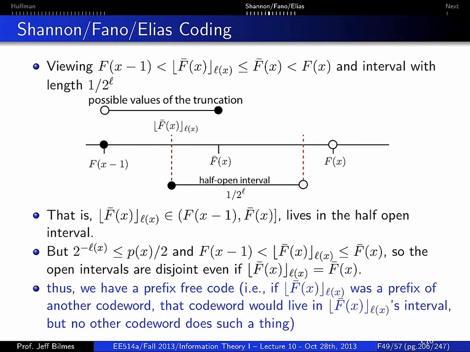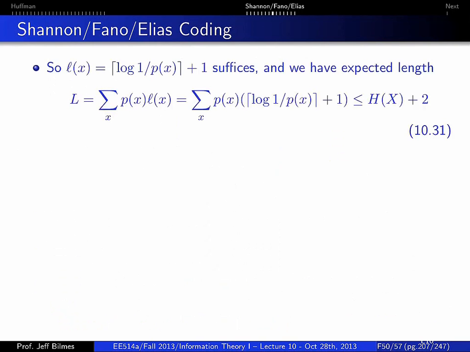The bottom line is that if this was a prefix of another code word, then we would have interval overlap. Since we don't have interval overlap, and since we're open on the left and open on the right, nothing can be a prefix of anything else, and so the truncated version of f bar of x can act as an instantaneous code for this.